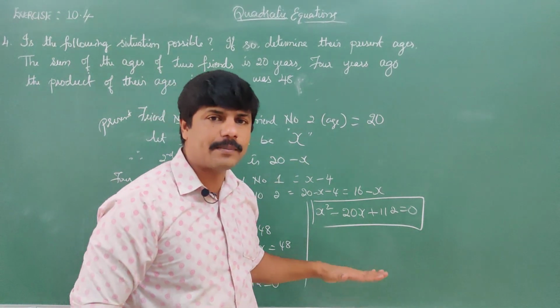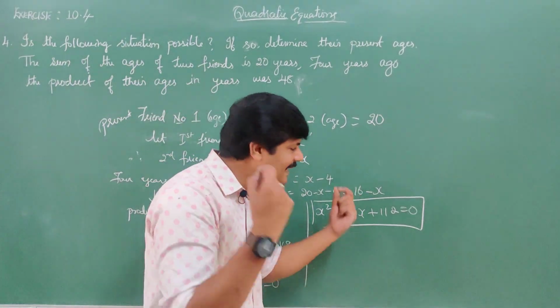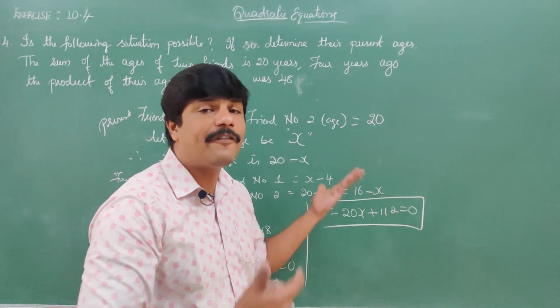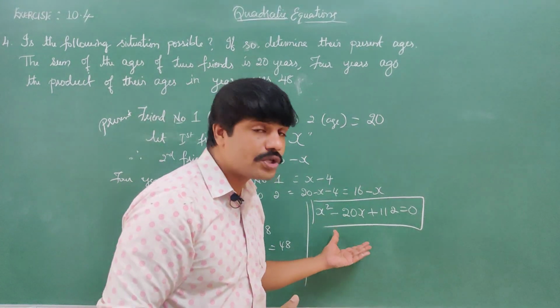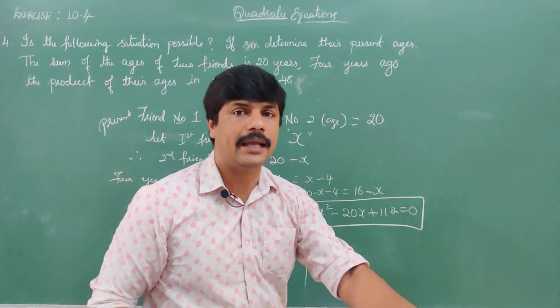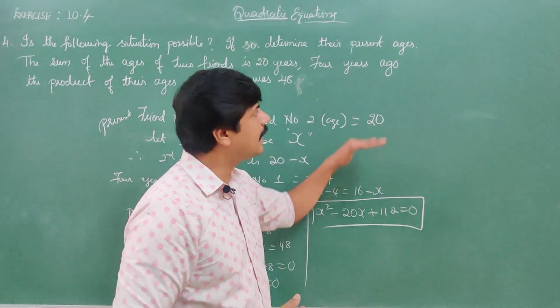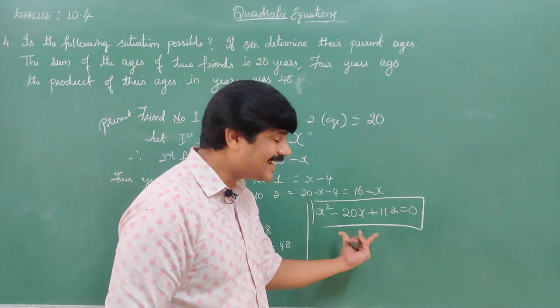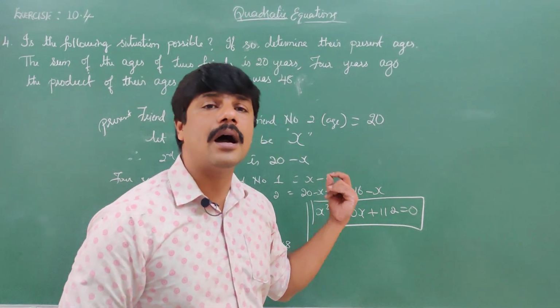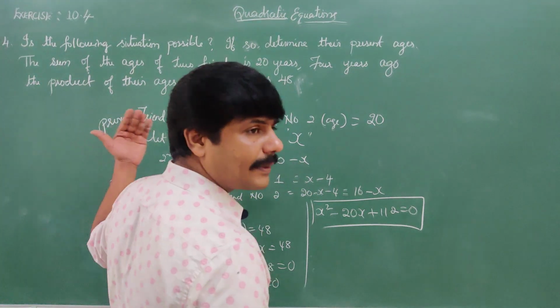To find the present ages, we have to find whether these roots exist or not. If the roots are real only, then we can find the age. If roots are not real, then how will we find? It's not possible. So we will determine whether the roots are real or not. How? By b square minus 4ac.